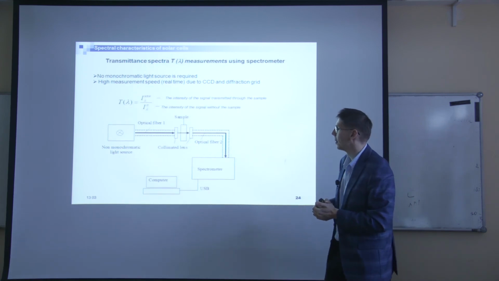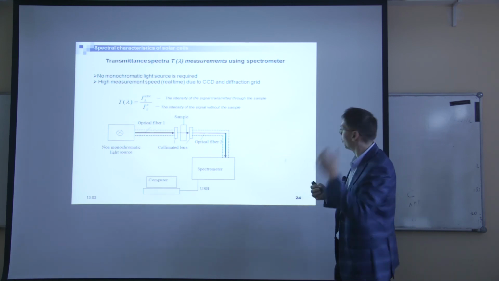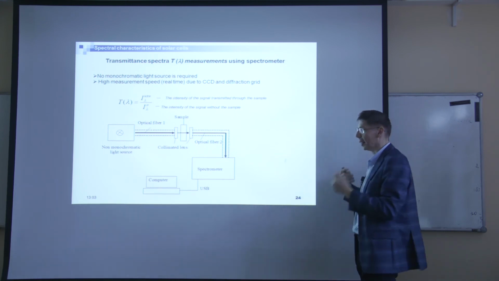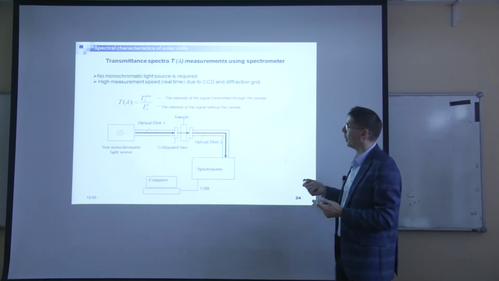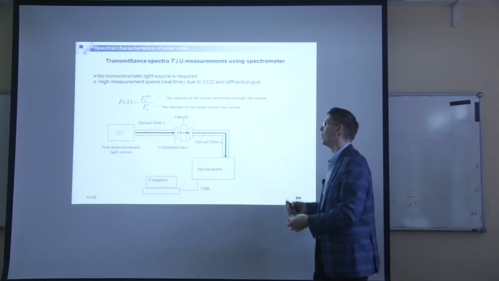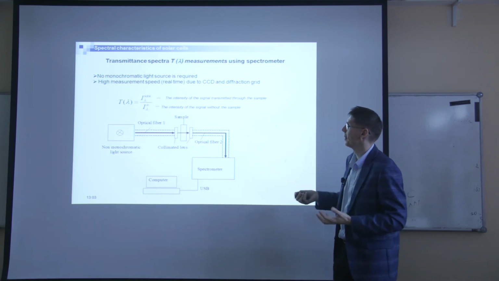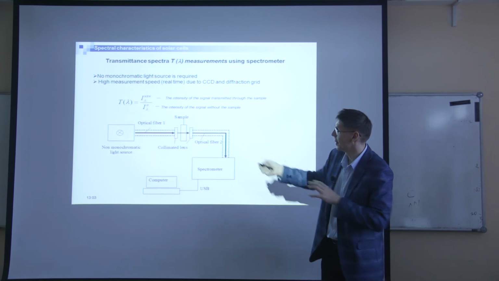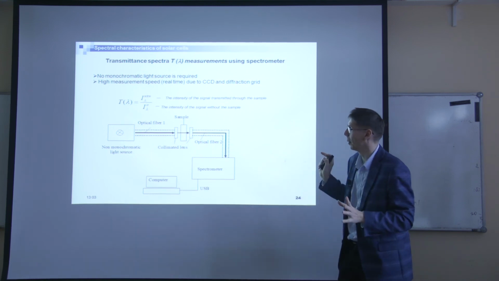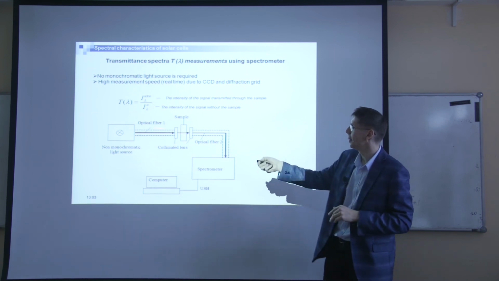For transmittance, it's even more simple. Again, two measurements, but it's more simple because you don't need to have a reference. Your reference is just air. I mean, it's just the case without the sample. Again, you have some source of light.